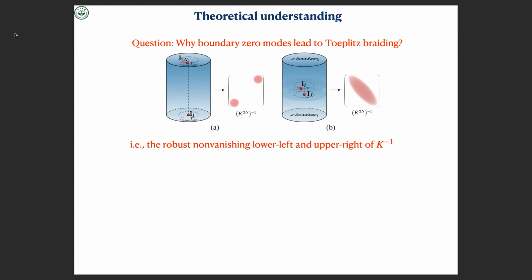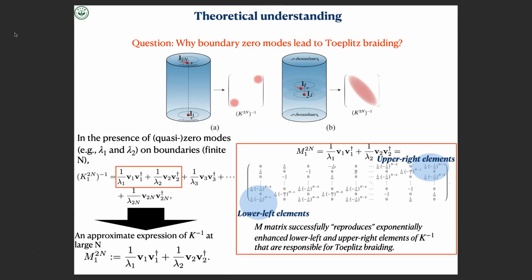This is a pure mathematical problem. In the presence of this quasi-zero mode, because we start with a finite size, we don't have an absolutely zero mode. It's only a quasi-zero mode. Lambda 1, lambda 2 are two quasi-zero modes. They are very small but finite because our system size is finite.